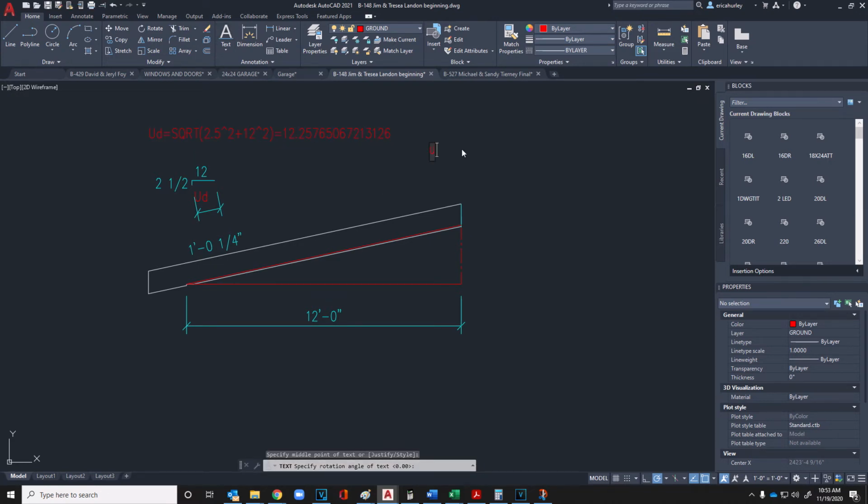My unit rise is going to be equal to, why can't I get this right today?